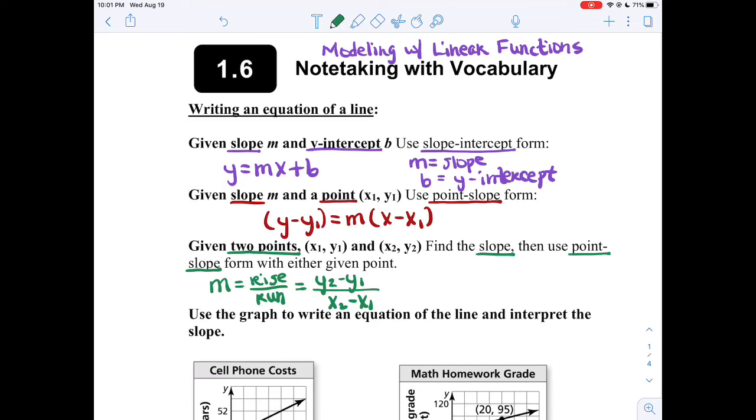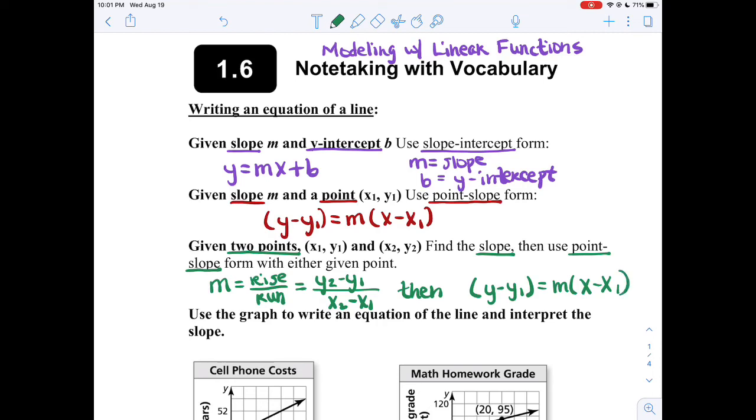After we have the slope, then we can plug that into our point slope form. So again, it's the same equation from above. y minus y1 is equal to m times x minus x1.